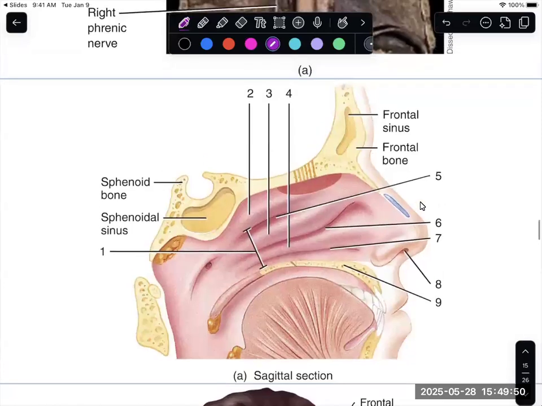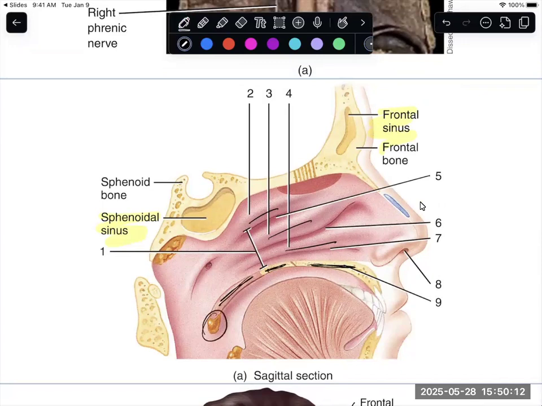So here's just some other images. You can see some of these labeled, that sphenoidal sinus, that frontal sinus. You have that superior, middle, and inferior concha. You have here that maxillary bone, that palatine bone, that soft palate, that uvula.